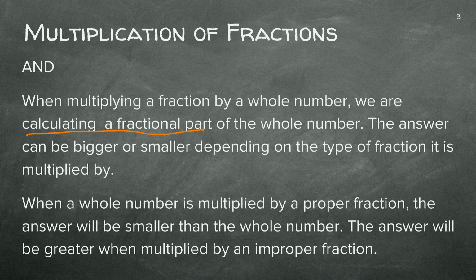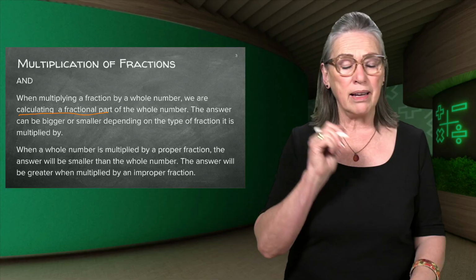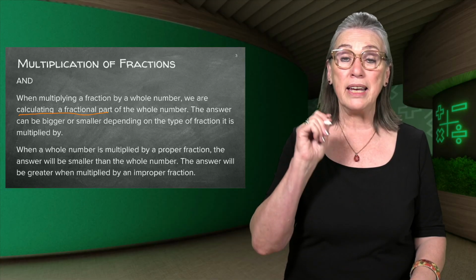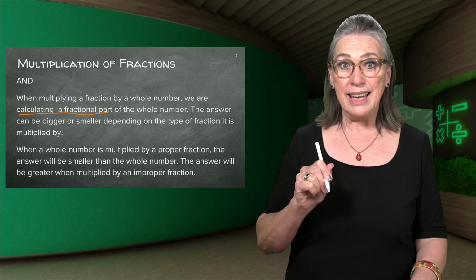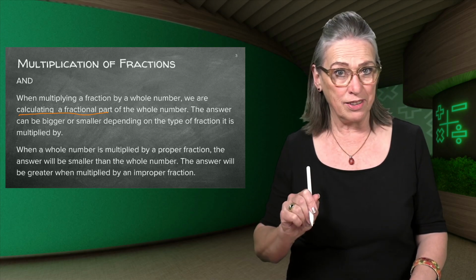Okay? So it is logical to think that the answer will be smaller than that whole number, right? But if you do a calculation with an improper fraction, then it can be bigger than the whole.